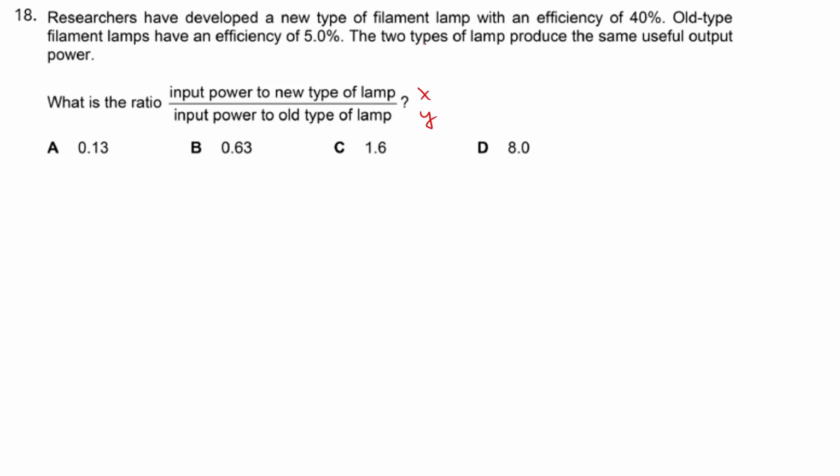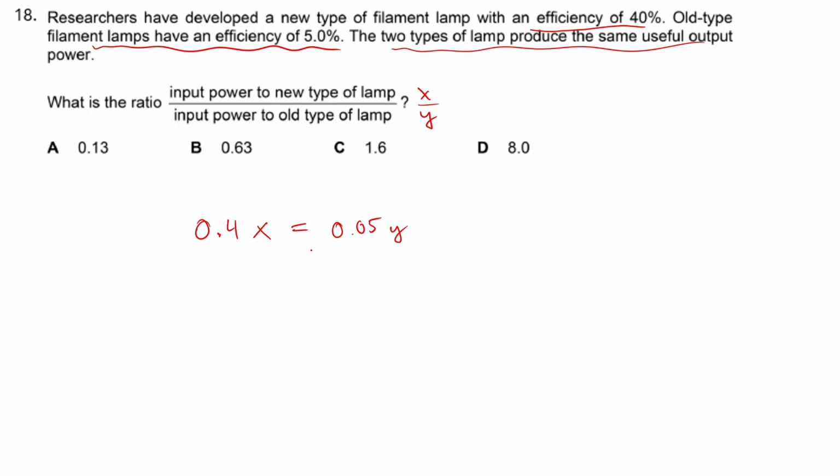Given by this sentence, the two lamps provide the same amount of useful output. So for the new lamp, we're given that it has an efficiency of 40%. So that means 0.4 times the input power x is equal to the efficiency of the second one, so 0.05 of the input power, y. And now we have to solve for x over y.